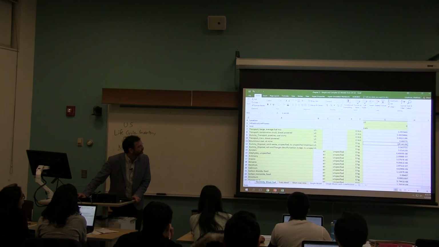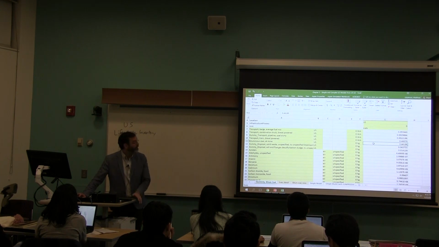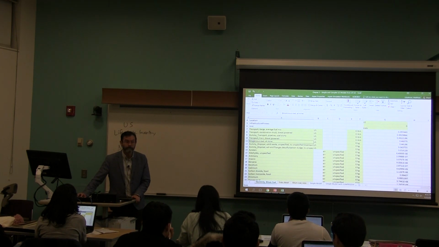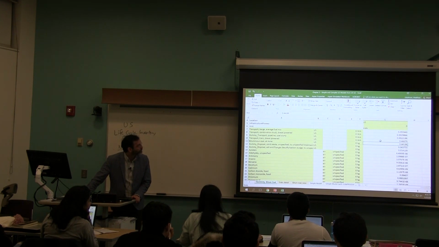So over here, this 0.44 tells you the input of coal that you need in order to make your electricity. And the transport from train, well, that's up here, 0.46 in this next one.